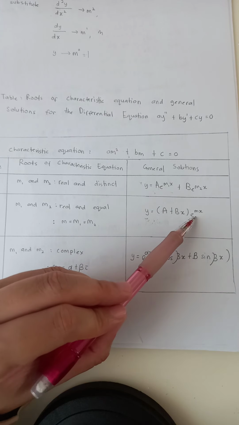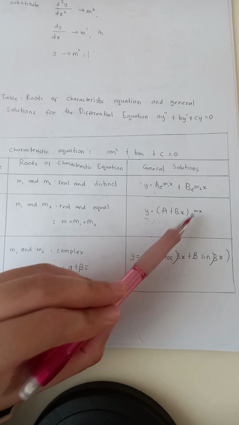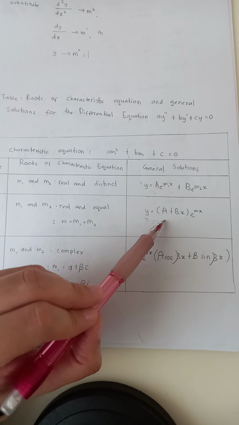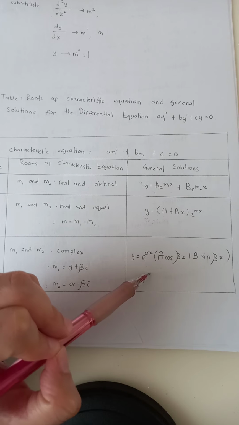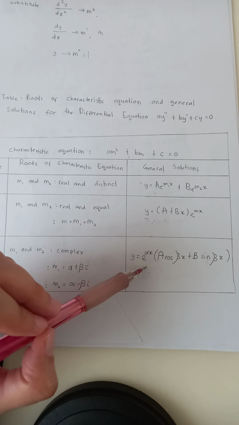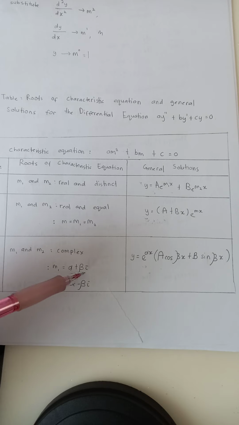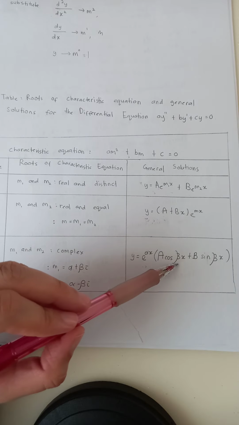If m is only one value, cuma ada satu je value dia, therefore we will use this equation. If the roots is in complex form, inilah cara dia. Remember alpha and beta is in this kind of form. Don't vice versa. Alpha is here, beta is here.